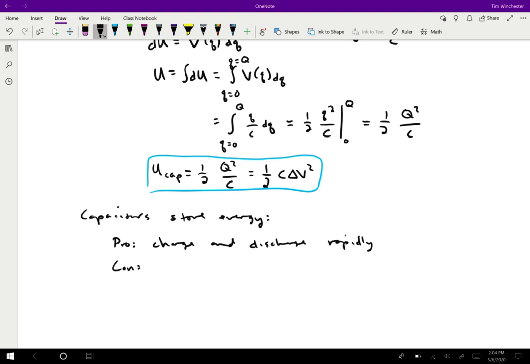So one is that the delta V is going to change as we go. So when you take a charged capacitor and you first start discharging it, you'll get a very large amount of charge flowing in the first little bit, and then later it's not going to be as much as you go. So you'll get a lot of energy at first, but then it'll kind of trail off as it goes.